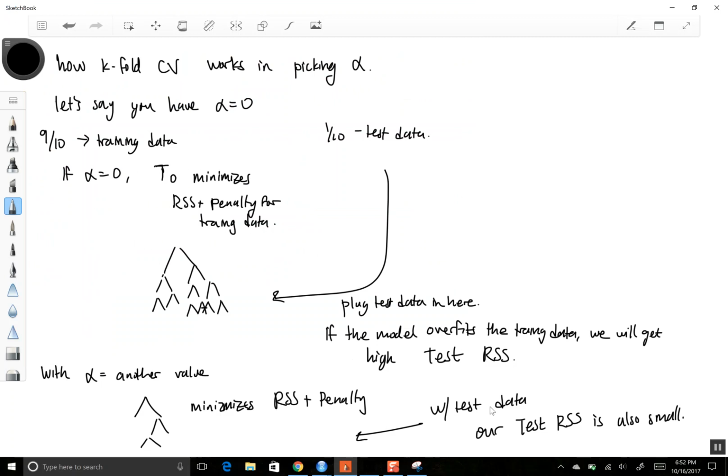So you plug the test data onto your tree, and if the tree is overly complex, this will end up being high. But by pruning it back, you can find the alpha that provides the tree that minimizes the cross-validation test error.